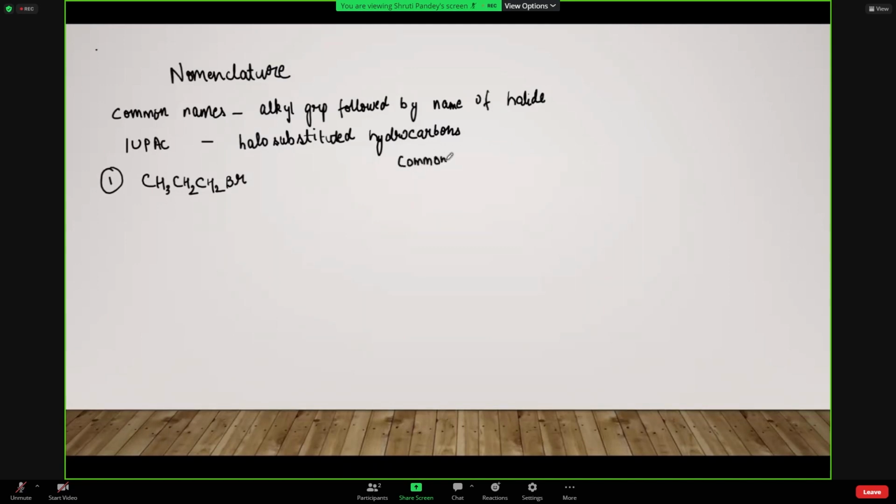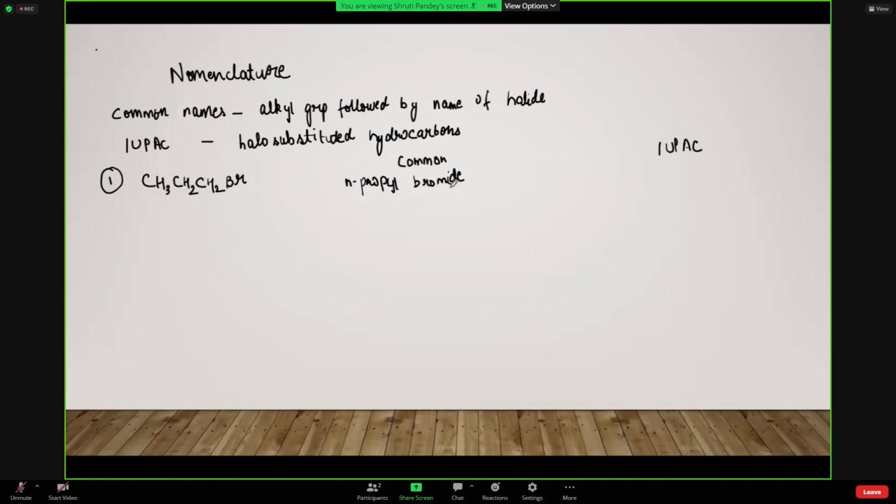So this is the common name and here I will write down the IUPAC one. Okay. So common name of this compound is N-propyl bromide. क्यों? Because the alkyl group followed by the name of the halide.